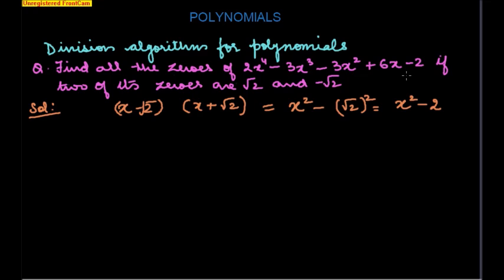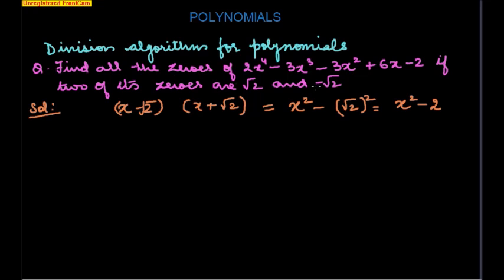So their multiplication, that is 3 into 2, 6, will also be the factor of 12. Similarly, if x minus root 2 and x plus root 2 are the factors of this polynomial, so their multiplication, that is x square minus 2, will also be a factor of this polynomial.